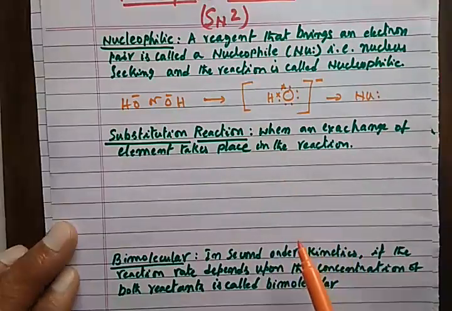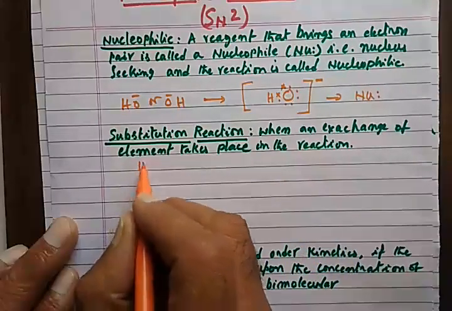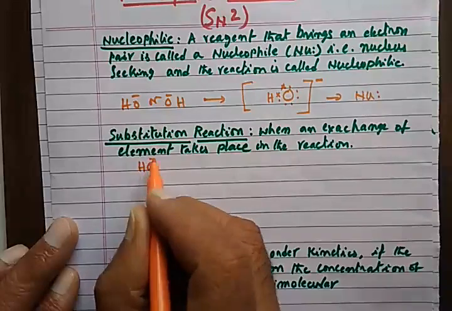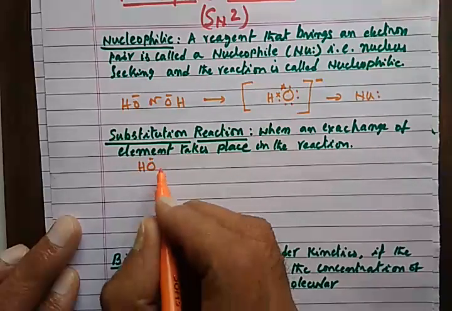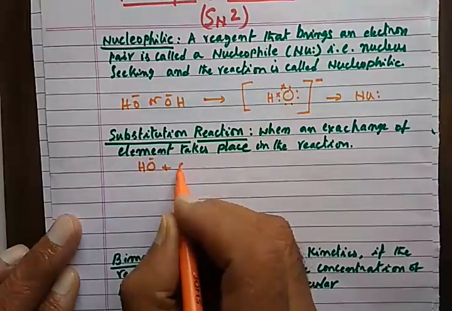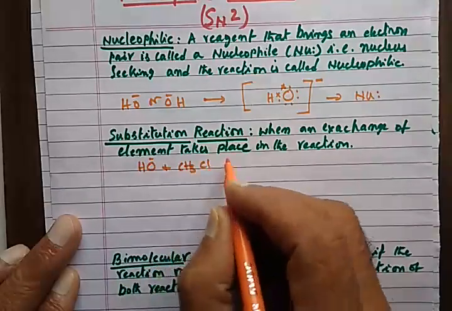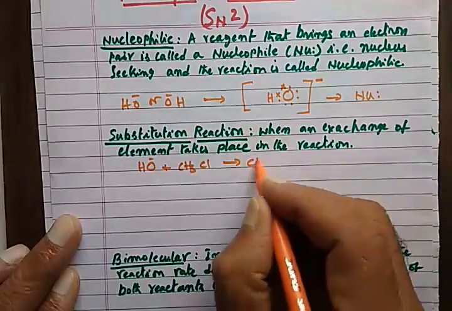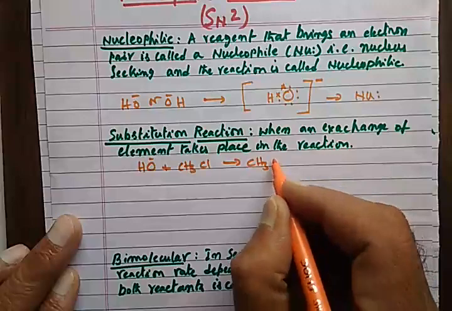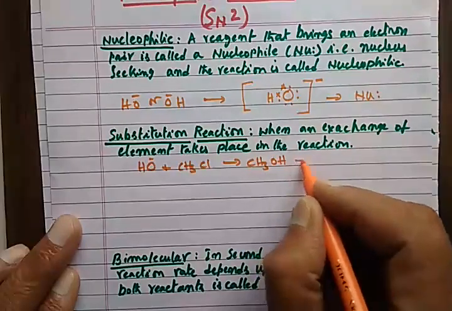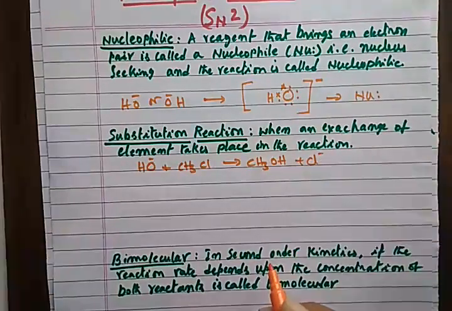The same example I will take. So I will take hydroxide ion plus chloromethane, CH3Cl. This will give CH3OH, methanol, plus negative chlorine ion.